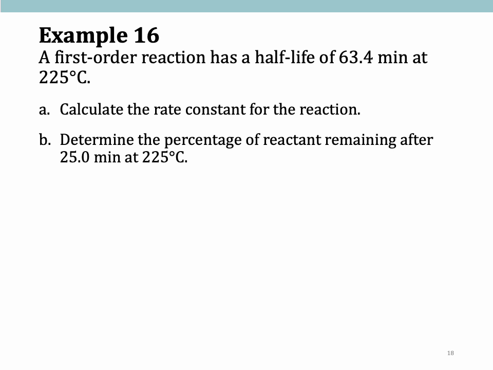A first order reaction has a half-life of this, so that's first order. The half-life is this much. Calculate the rate constant. Again, we just use the expression. Determine the percentage of reactant remaining after 25 minutes. So again, this is the time that has passed, and the question is asking to determine the percentage.